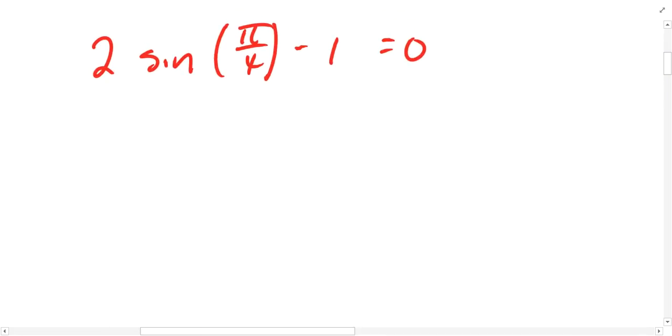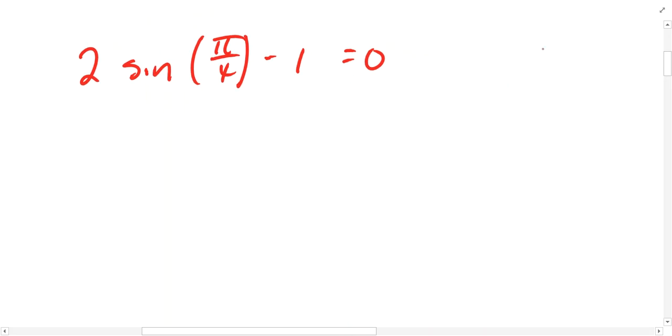Now I would challenge you to do this without a calculator, and as long as you have your unit circle memorized, then this shouldn't be any challenge. If you've forgotten all of the components of your unit circle, it would be a good idea to go back and take a look at it. So anyway, to simplify this, I would follow the order of operations and complete any multiplication first.